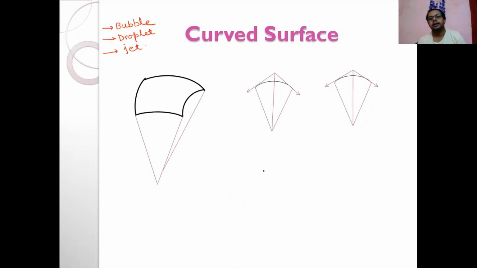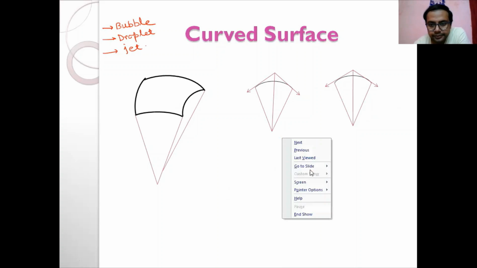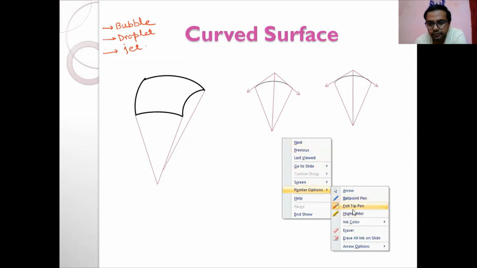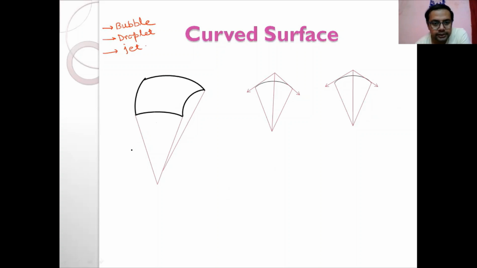What is the equilibrium condition of the curved surface? Let's take one curved surface. Let's take R1, the radius of curvature of this portion, and R2 for this portion. We are talking about the radius of curvature.